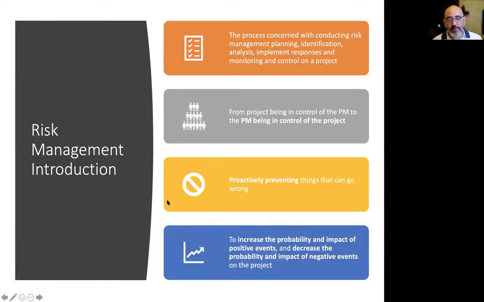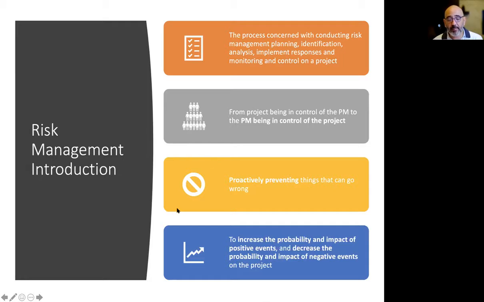Risk management is the process concerned with conducting risk planning, identification of unknowns and risks, analyzing their impact and probability, and implementing response strategies, and monitor and control those on the project. From the project being in control of you to you being in control of the project.